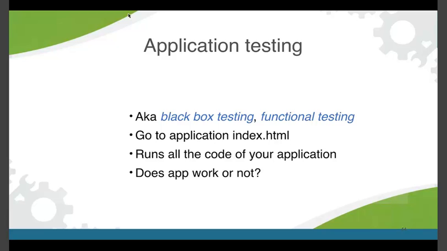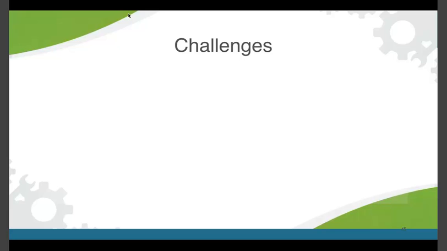And the real value here is that you know if the application as a whole works or not. And this is, of course, really important to your stakeholders, to your team, to whoever is making the decision to release or not release. And there's, of course, a few challenges involved here. Before you start your application test, you need to have your database in a specific state that's known.